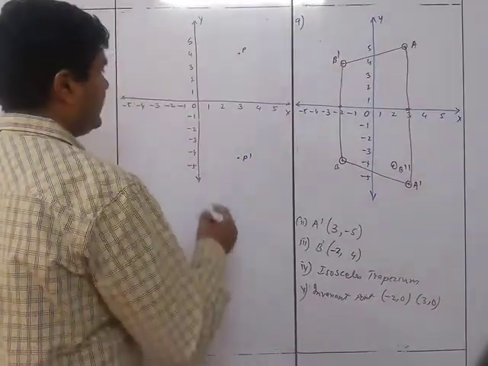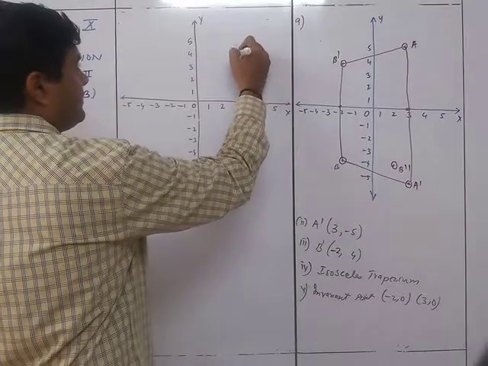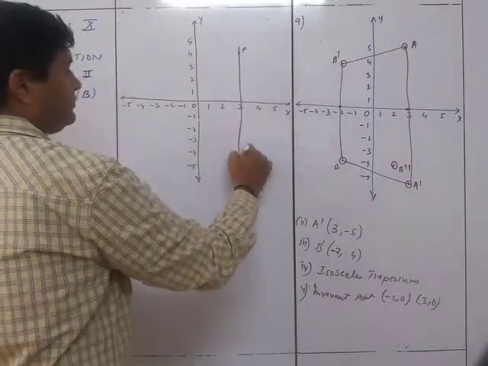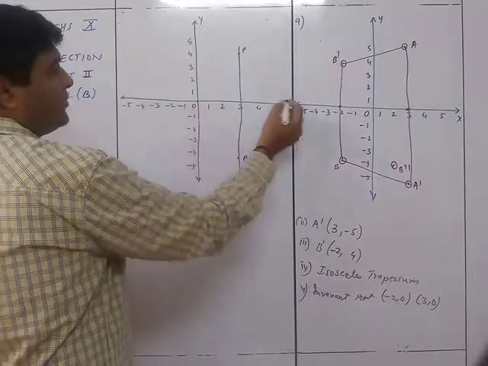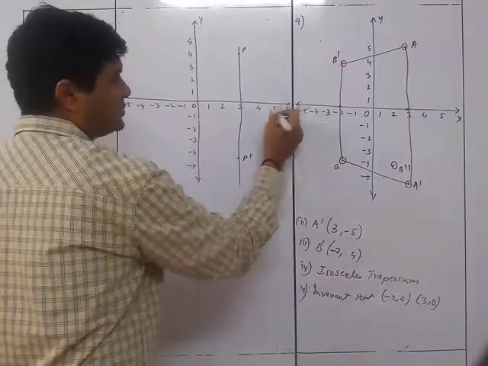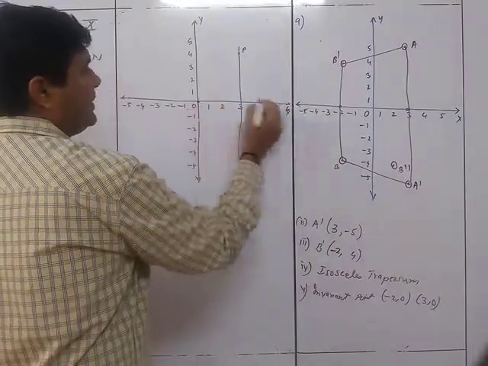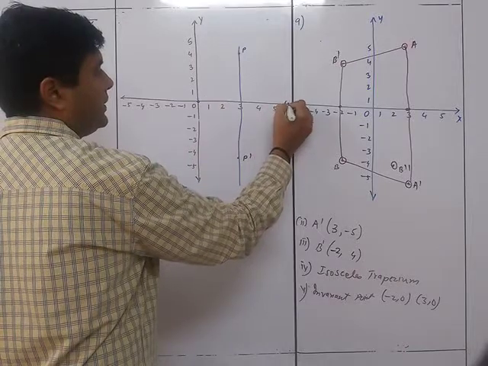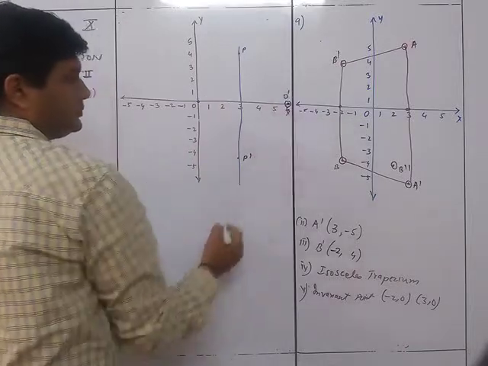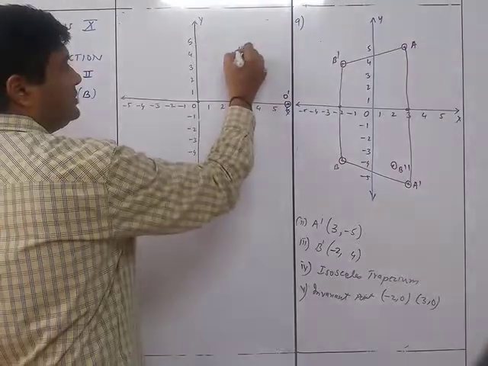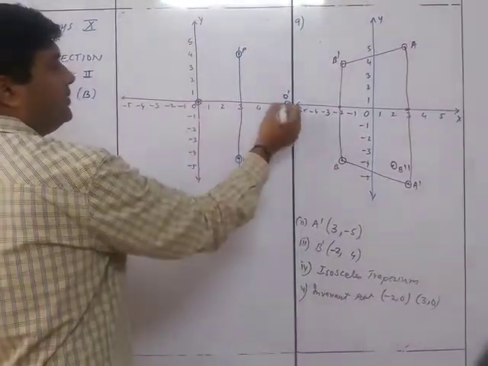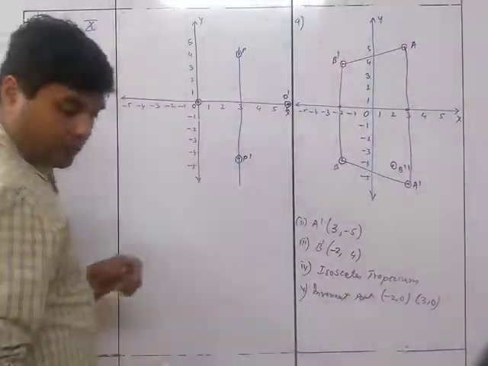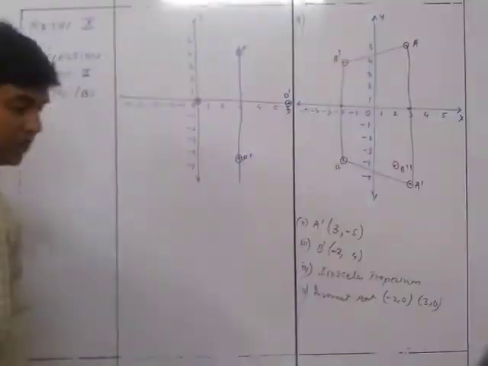Okay, now you can see that this is a line and the origin is reflected from here. So you can see they will require a 6 also here. So this origin will be reflected to this particular point over here as O dash. This is P dash, this is P, this is O, this will be O dash. You need to write the coordinates of P dash and O dash.